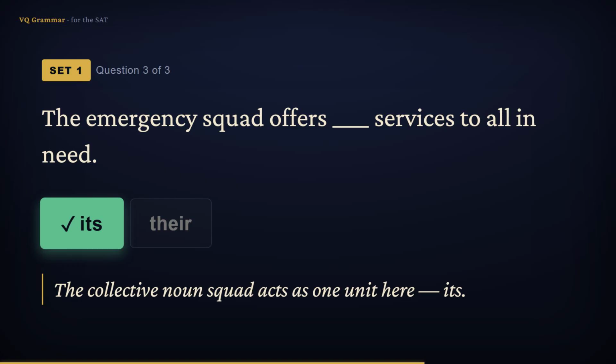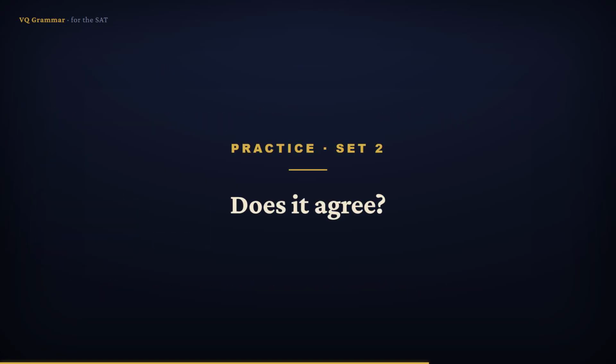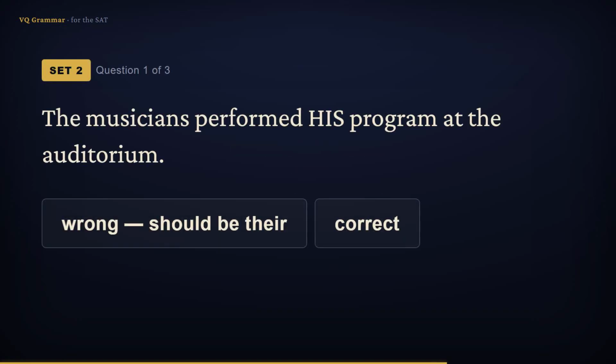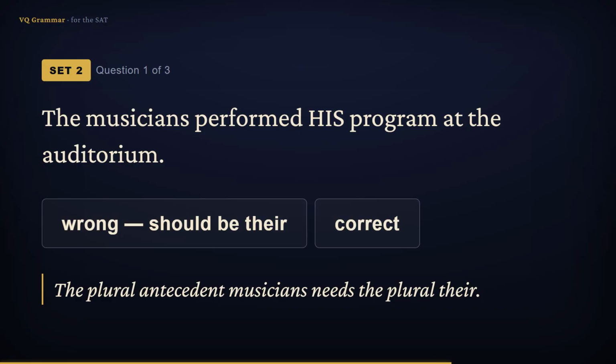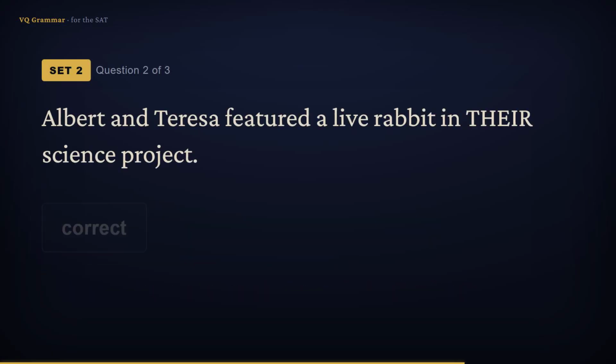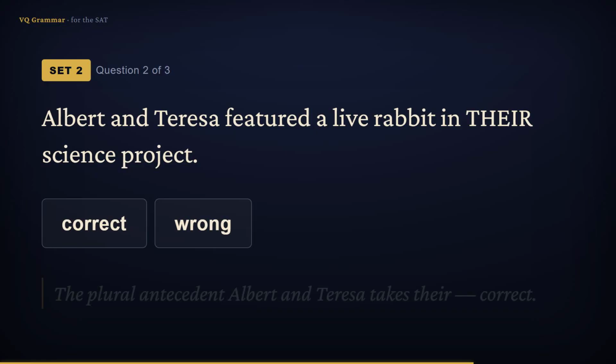So its. Now decide whether the pronoun in capitals agrees with its antecedent. Pause and try each. The musicians performed his program. Musicians is plural, so it needs their, not his. So it's wrong. Albert and Teresa featured a rabbit in their science project.